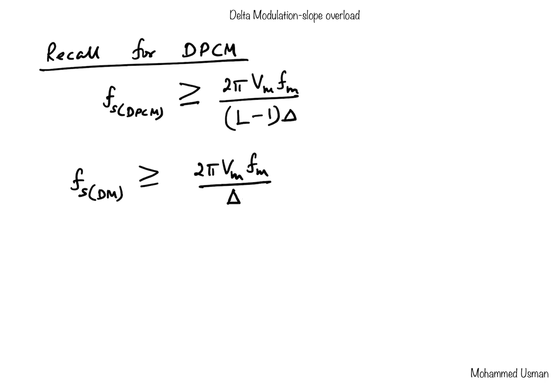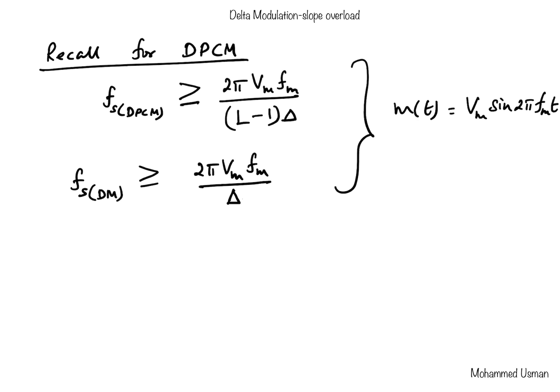Here delta is the step size, and these equations are based on m of t equals Vm sine 2 pi Fm t.